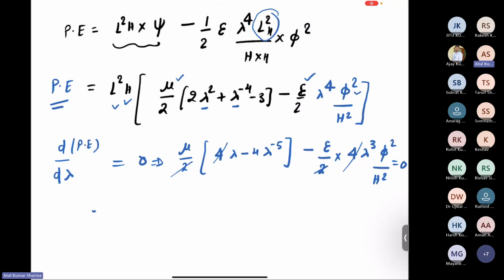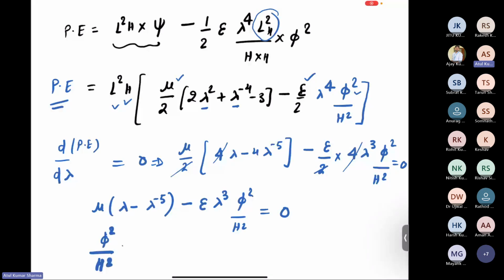So you have an expression like mu times lambda minus lambda to the power minus 5, minus epsilon lambda cube phi square upon h square is equal to 0. Or you can say that phi square upon h square into epsilon upon mu will be equal to, taking the unknown terms on one side and the known terms on the other side.